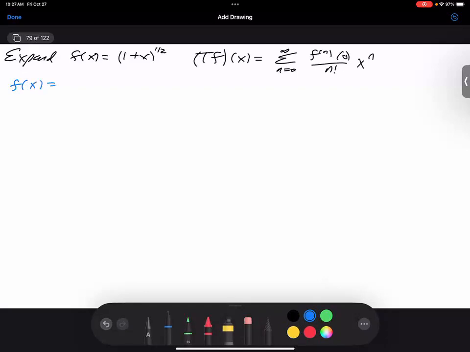So f of x is (1 plus x) to the 1/2. f of 0 is equal to 1. What's f prime of x? (1/2)(1 plus x) to the negative 1/2. Okay, and what's f prime of 0? 1/2.